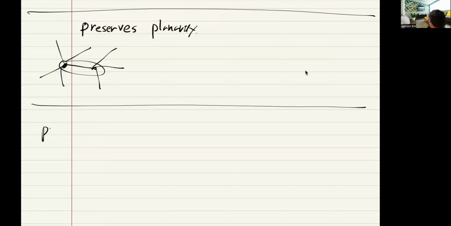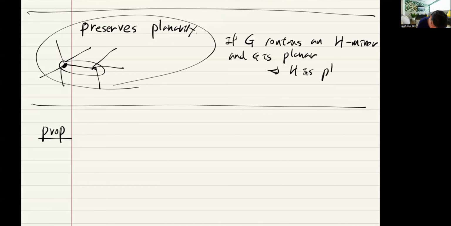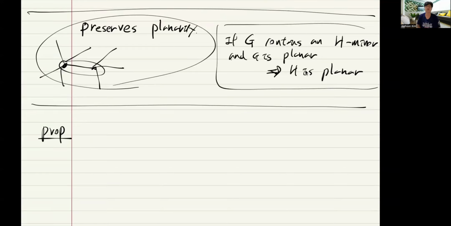So now what do we know? This preservation of planarity means that if G contains an H minor or H subdivision, and G is planar, then H is also planar. So this we know, right? And previously we found two non-planar graphs, K5 and K3,3. Using that, what do we get from here?